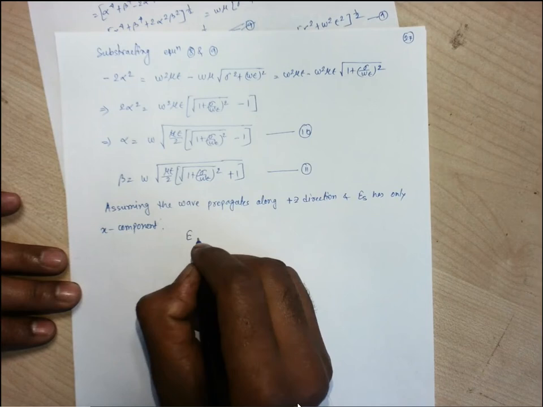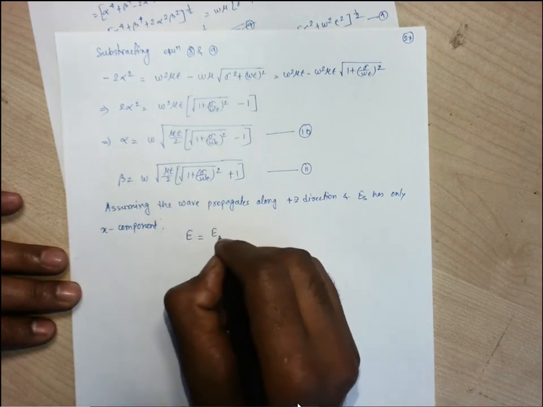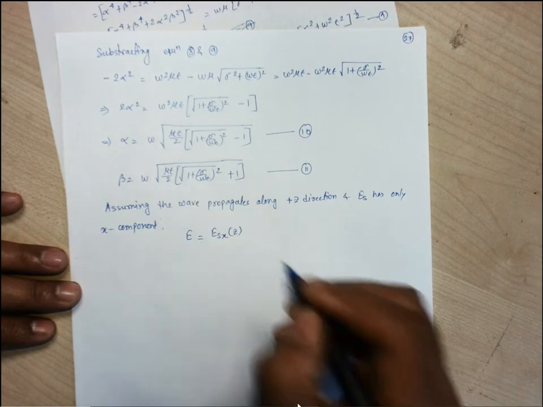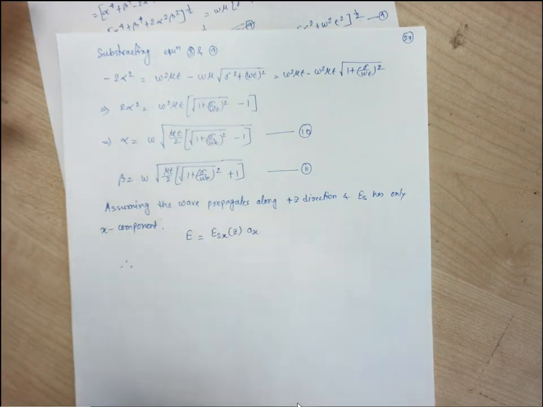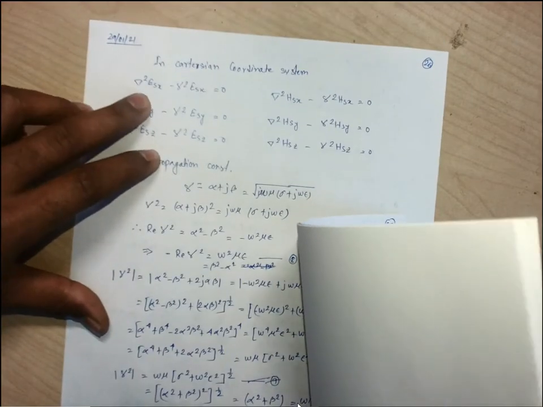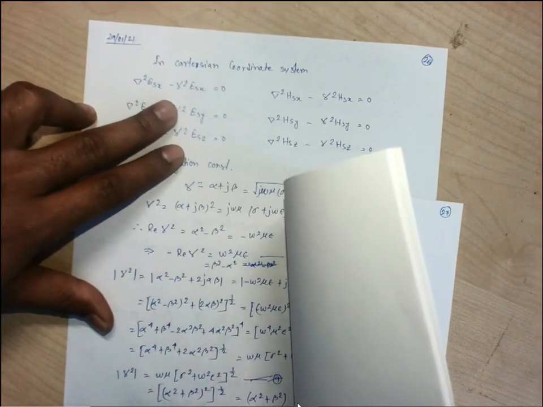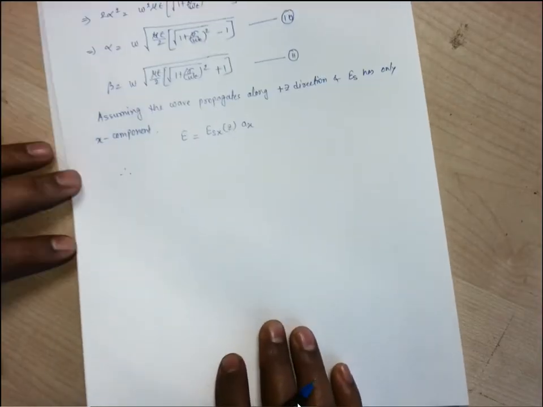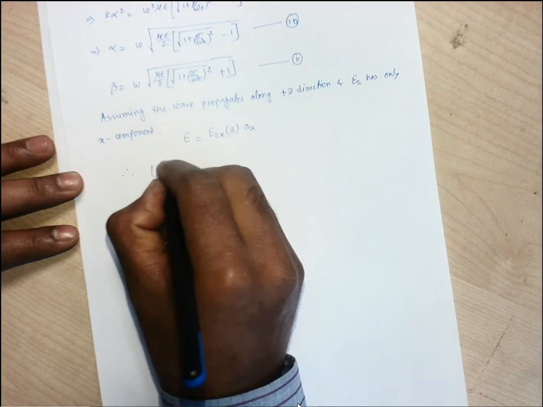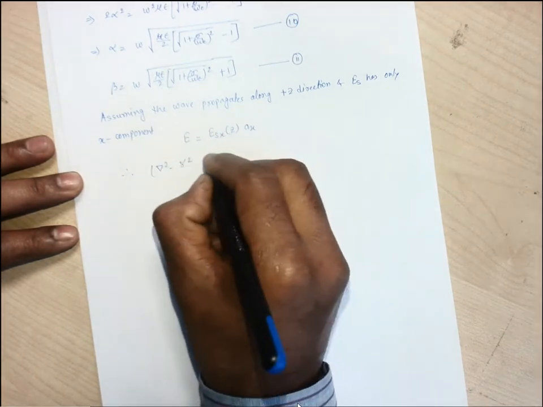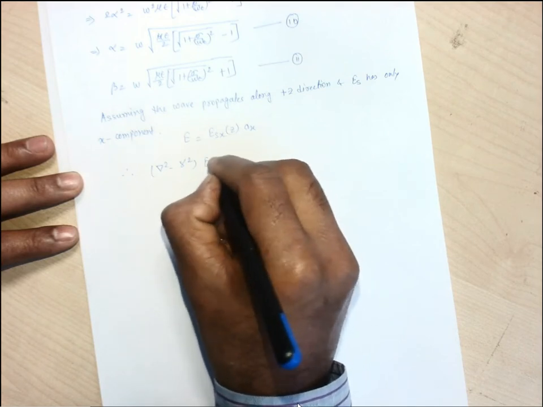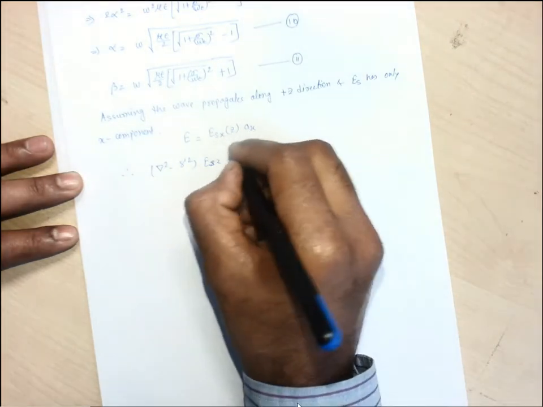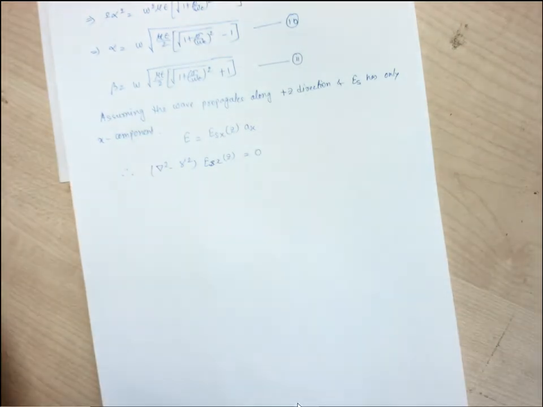that is our electric field E, it is having x component propagating along z direction, unit vector along x direction, right? So therefore this equation we can write, we can take out this ESX, so this one will become del square minus gamma square into ESX(z) is equals to 0, right?